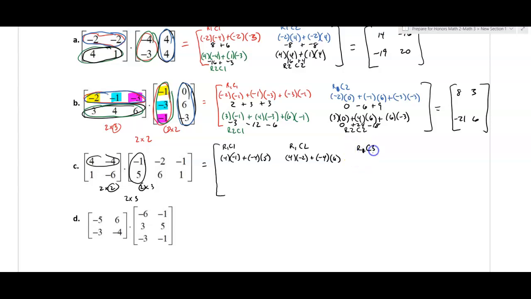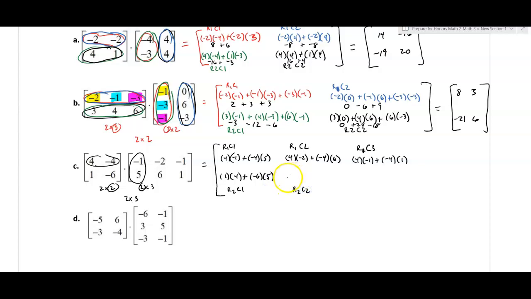Now we're going to move on to row 1, column 3. So now 4 times negative 1 plus negative 4 times 1. Now here, we're going to go to row 2, column 1. So that's 1 times negative 1 plus negative 6 times 5.